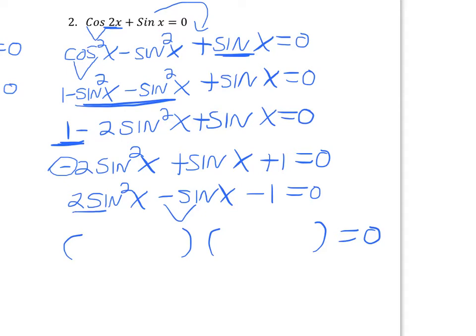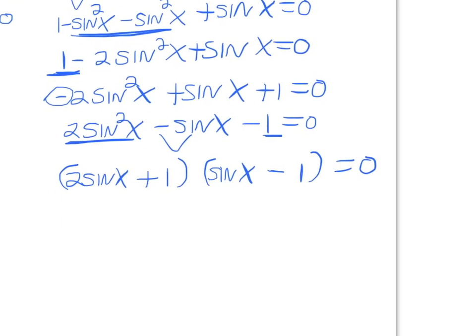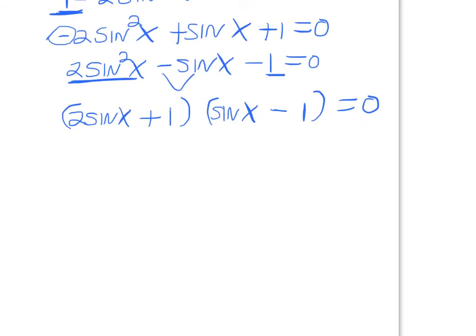For this 2 sine squared of x, the first term of one binomial has to be 2 sine of x. The first term of the other has to be sine of x. And if this is just 1, I have to have 1 in each. But I have to figure out where I put the plus and where I put the minus. And it looks like it's going to work here if this is minus and this is plus. Yeah, that one works.